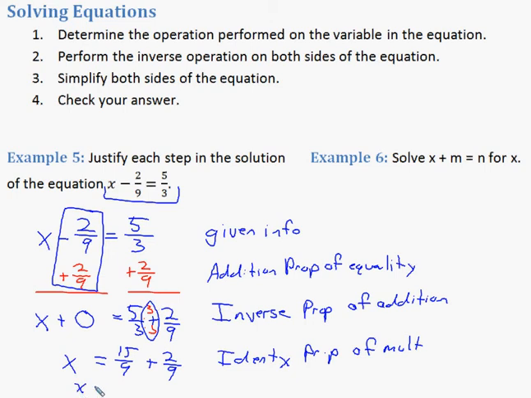And now 15/9 plus 2/9, 17/9. And that is just addition. We added those together. So we justified each step.